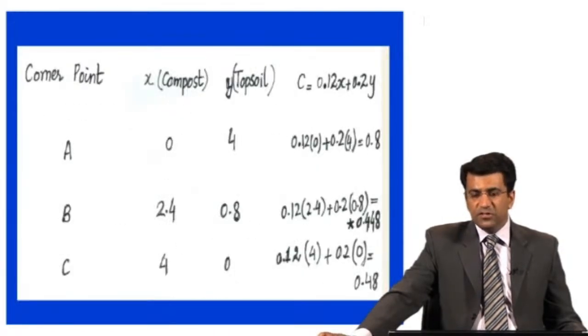Okay class, in this similar fashion, we will have to draw a cost table which will help us to identify the different alternatives. Now this is the cost table. We have identified 3 corner points. The values of A and C were already known. The value of B was not known, but we have calculated its coordinates by the intersection of the respective lines.